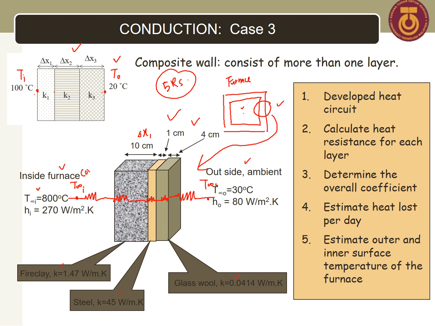The same goes for the outer surface of the third layer to the ambient air, where there is another convection. So this case is a combination of conduction plus convection, and the additional two resistances come from the convection. I hope that's clear.